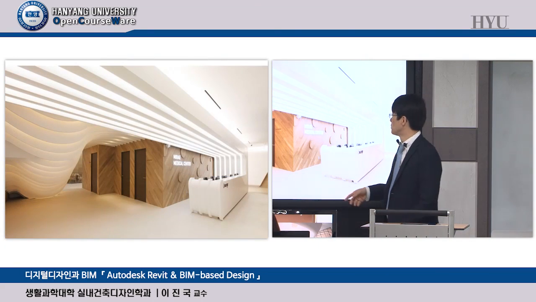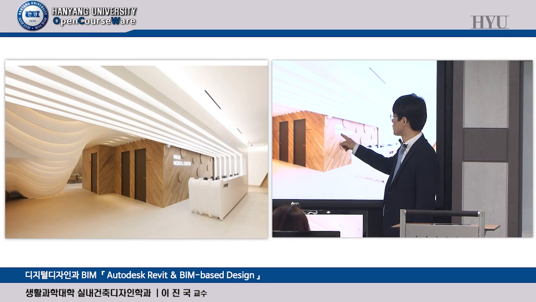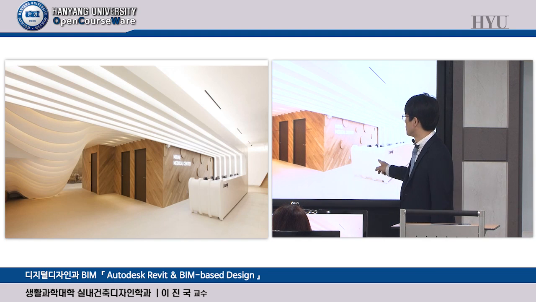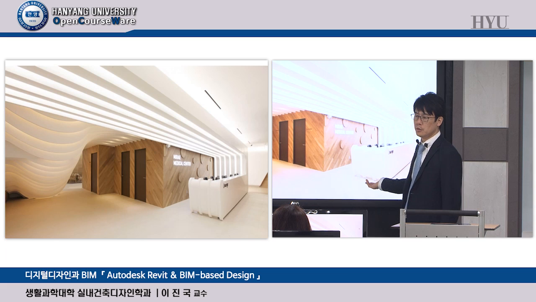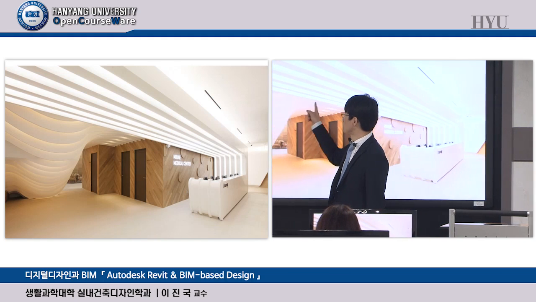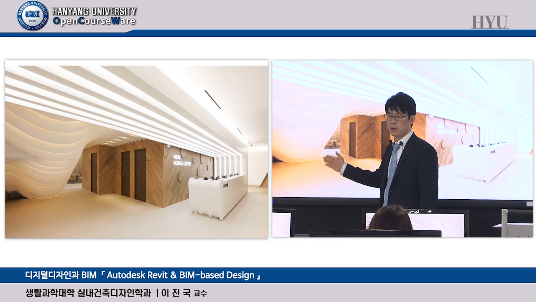How about this one? This is one of the interior design projects done by Professor Jang. Jay is working, Mire Medical Center. Take a look at this structure. This one is okay. And this building, of course, is a box shape, modern style building. But inside of this building, there is something like this very unique structure, okay?